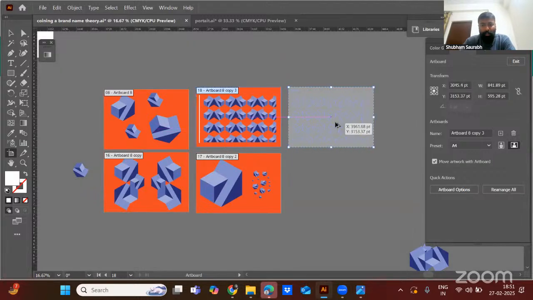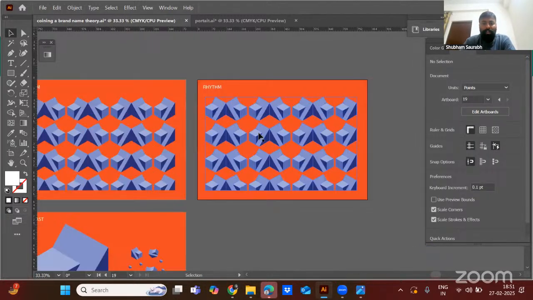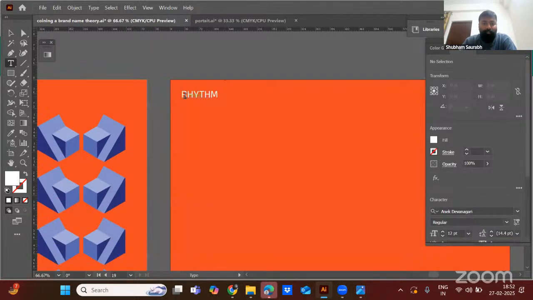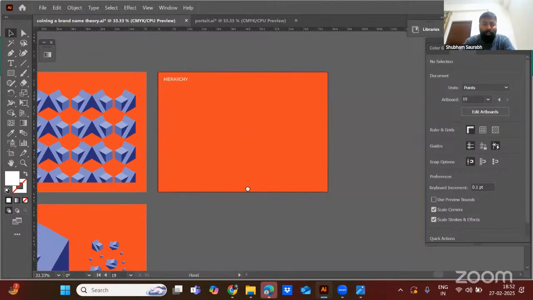Now another one. Another one is hierarchy. Hierarchy means when you give importance to one thing, and then there is main importance, secondary importance, tertiary, giving importance step by step, and not everything is there.